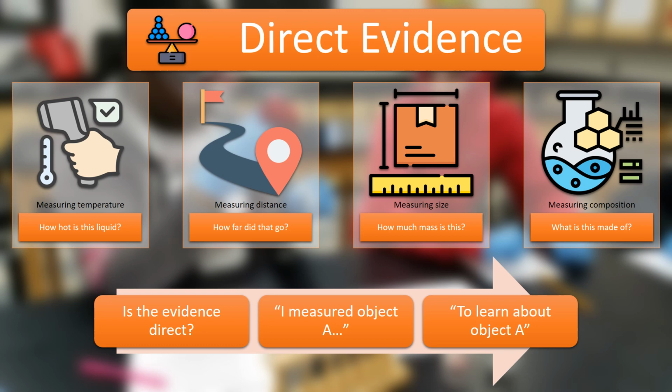You can take a ruler, and you can directly measure object A to learn about the size of object A. And if you want to get even more sciencey, we can measure the composition of something to learn what it's made out of. So again, we're measuring what object A is made out of to learn more about object A. That is what we call direct evidence.